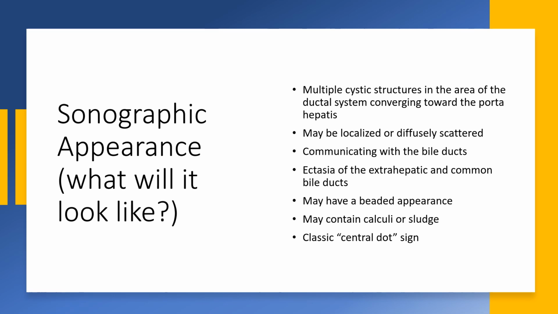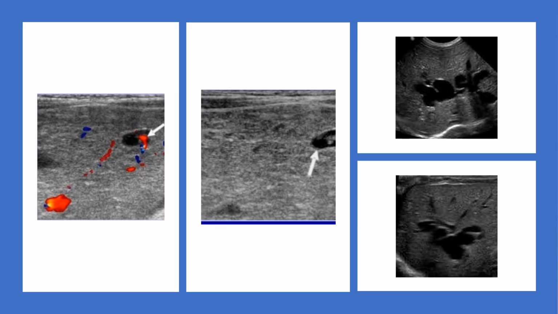There can be calculi or sludge, and on many of these intrahepatic intraductal cysts, you're going to see the classic central dot sign. It'll be a small circular anechoic cyst with a single echogenic focus in the center. The central dot will often contain blood flow, and that's what we're seeing down here.